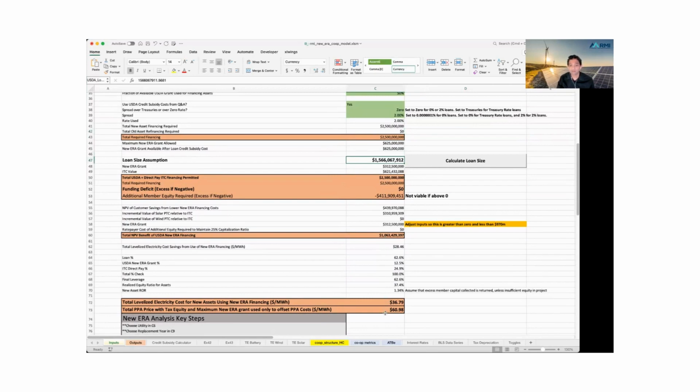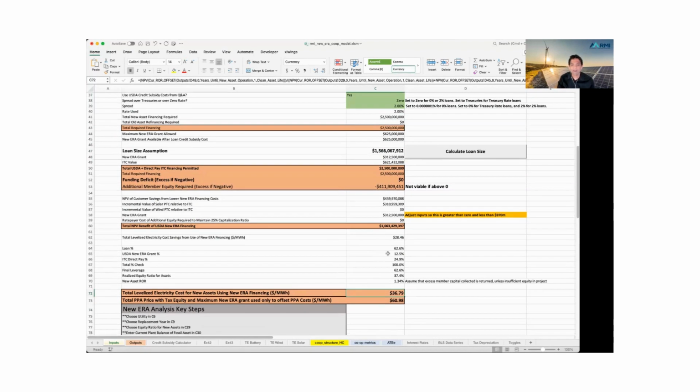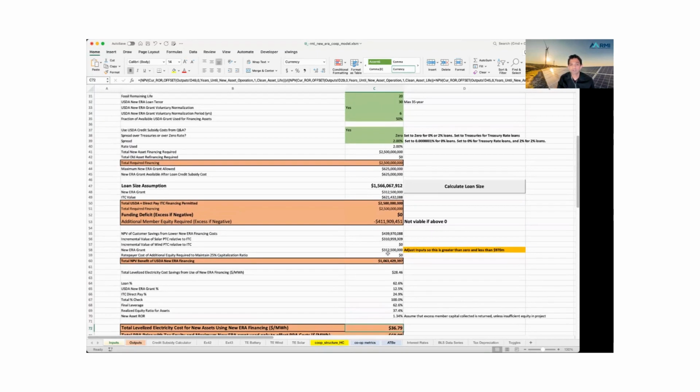And the trade-off between a PPA and a grant and the New Era financing will change. And of course, the New Era financed owned asset is going to become more expensive if you're willing to use less of the New Era grant for this purpose. So these are the types of calculations that the tool is able to help facilitate.